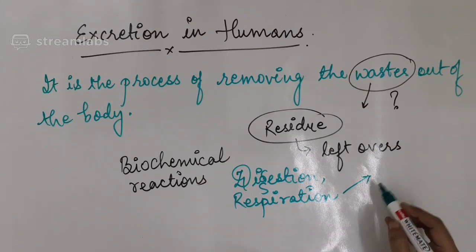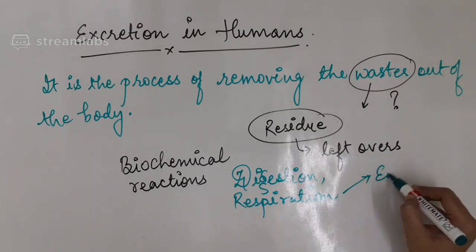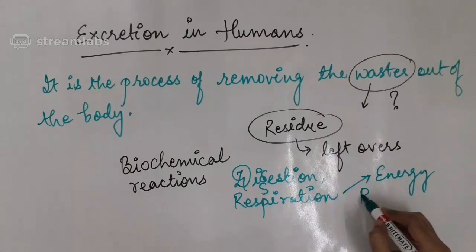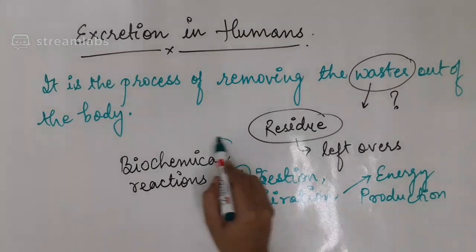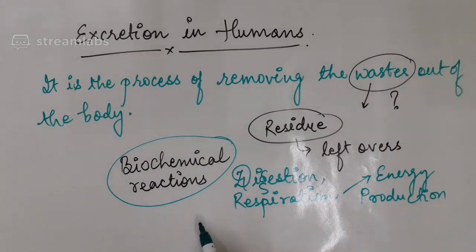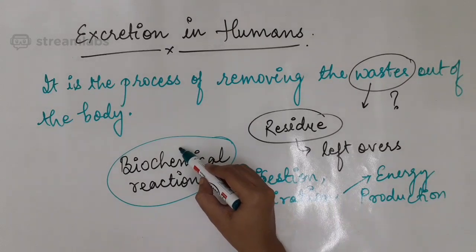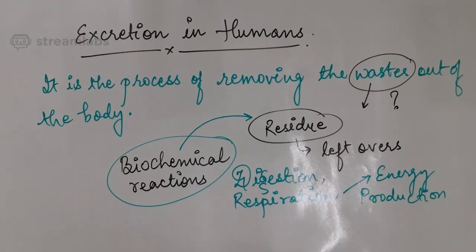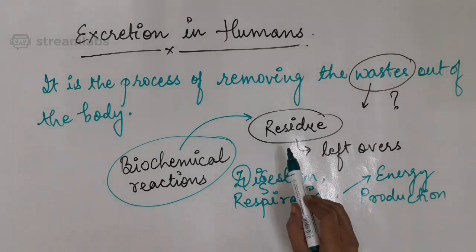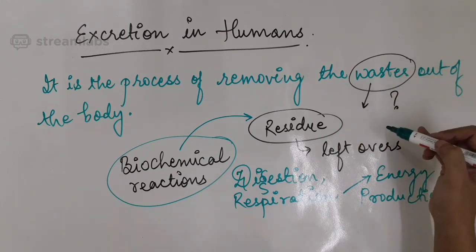It is for the production of energy inside the body. So all the life processes are occurring in the form of biochemical reactions. These reactions, when they give the products, form some residue, and this residue is the waste in the body that needs to be taken off.